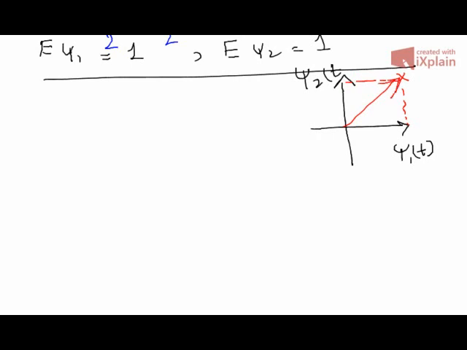Now we have the x-axis psi 1 of t, the y-axis psi 2 of t. This signal can be represented as a linear combination of psi 1 and psi 2, but we need to find these components. If we know these components, we can draw this vector.